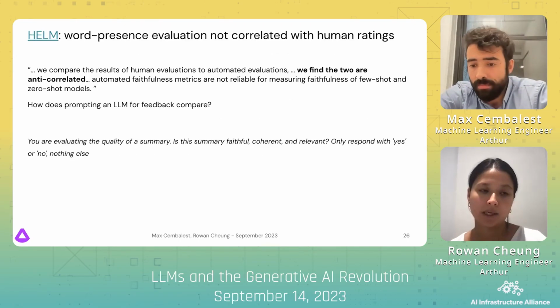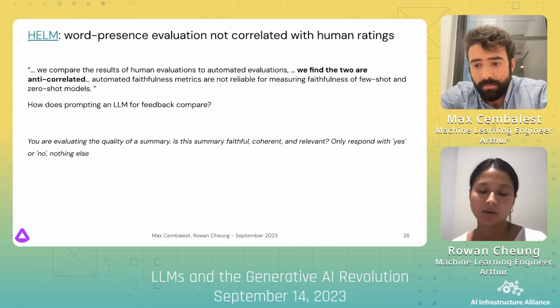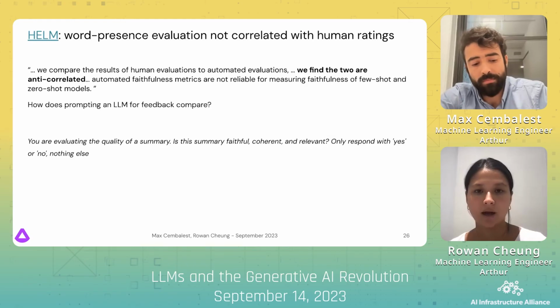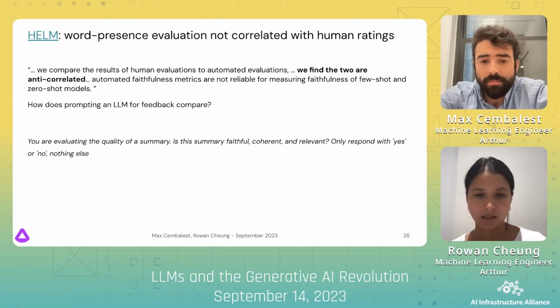HELM was a benchmark released by Stanford recently where they evaluate many LLMs on many scenarios, including summarization. And as part of the release of the benchmark, they also released a data set of human ratings on some of the common summarization benchmarks, such as XSum and CNN Daily Mail.